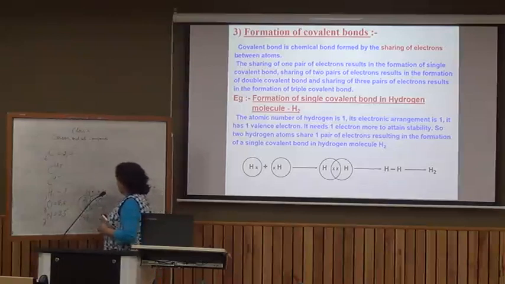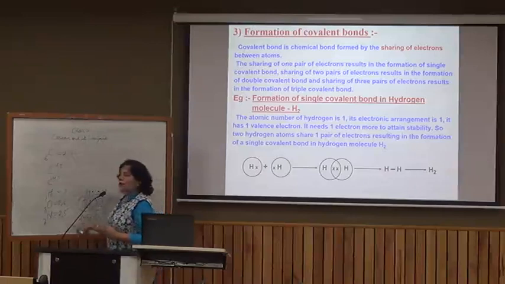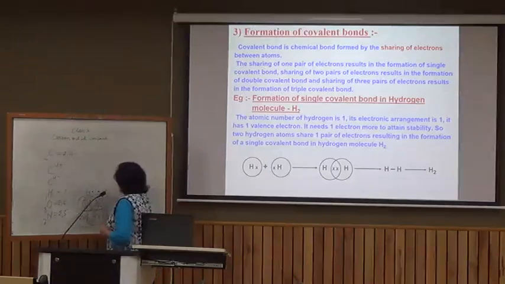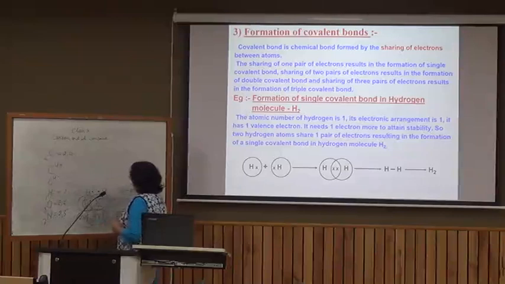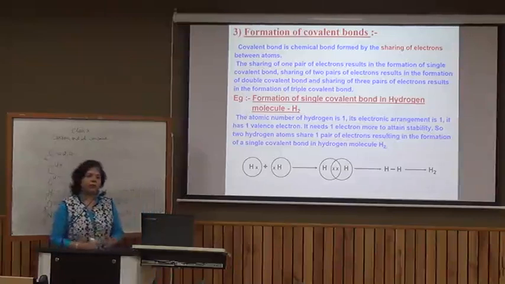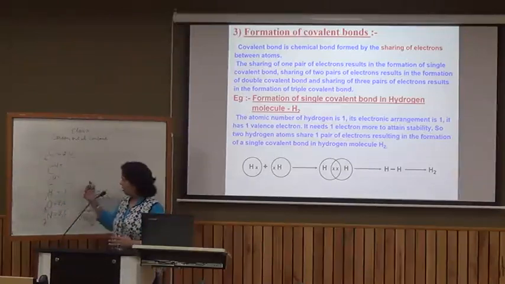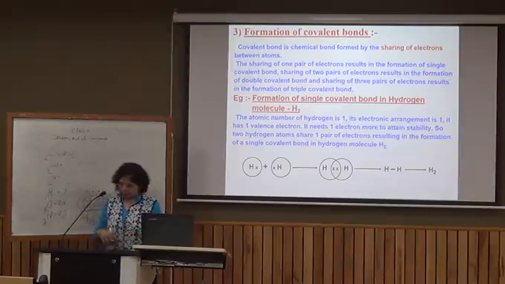To attain stability, it is combining with other nitrogen atom. So the 2 will be sharing the 3 electrons each. Means 3 pairs of electrons are shared by the 2 nitrogen atoms, and they get chemically bonded and they form a triple bond. Again a triple bond which is formed by the sharing of 3 pairs of electrons between 2 atoms. So I hope you all have understood what is a single, double and triple covalent bond.